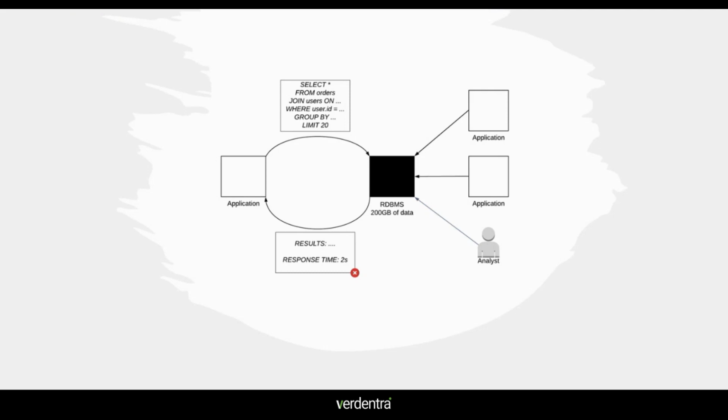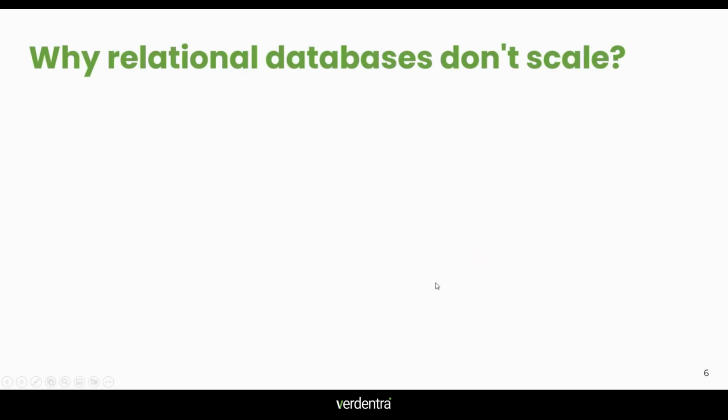So having consistent performance when you scale is very important in these kinds of use cases. Let's look at one more example. What are the main reasons for this?